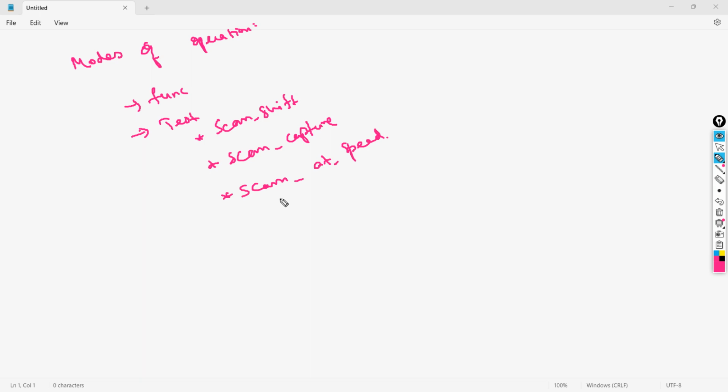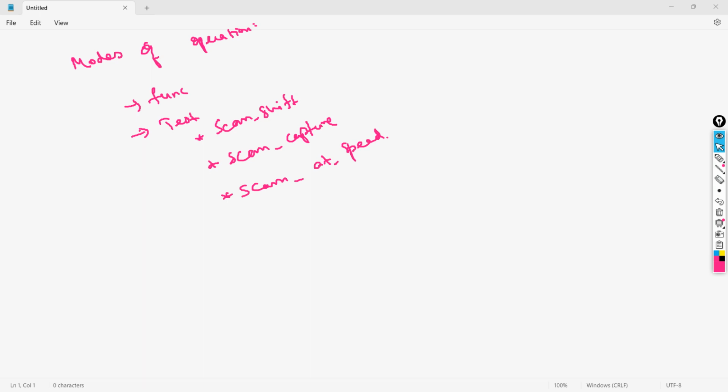So these are all your different test modes. Got it? If you want to explore further, you can note this down and then explore it.